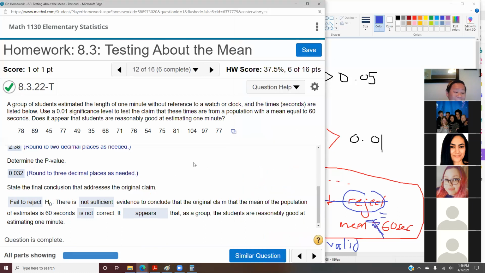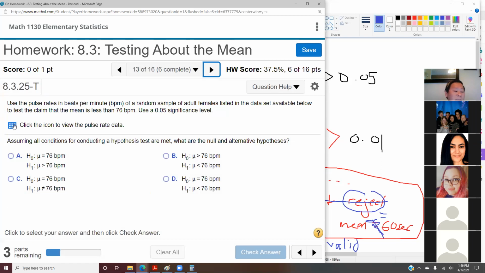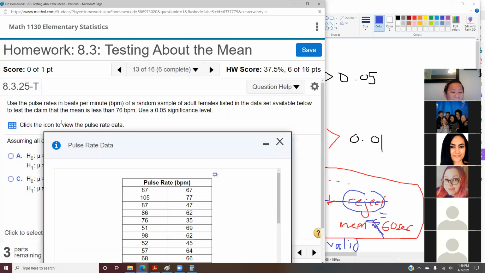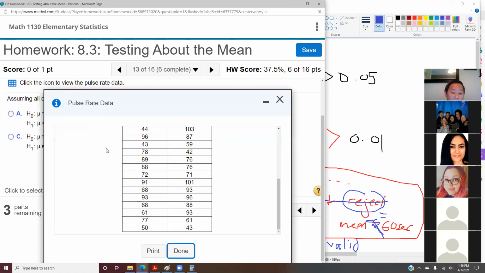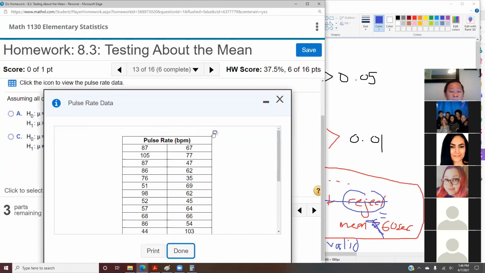Questions that you guys have? Same thing with this question. Next question, it has a lot of data here. So again, import it into StatCrunch and then do your work here.